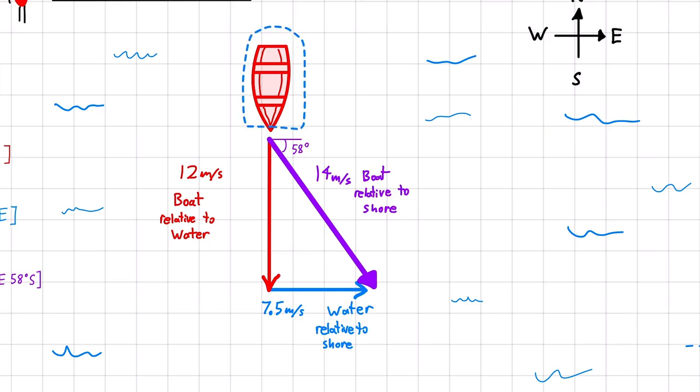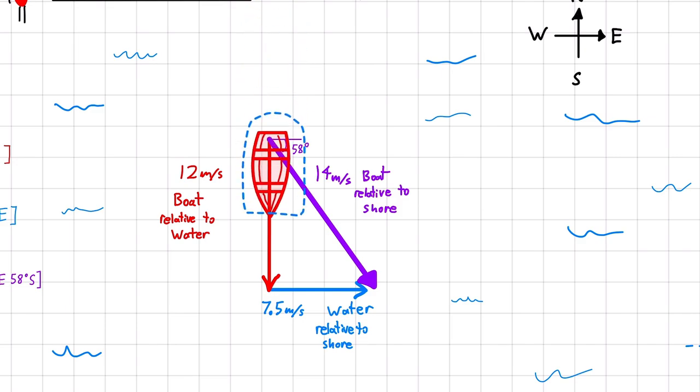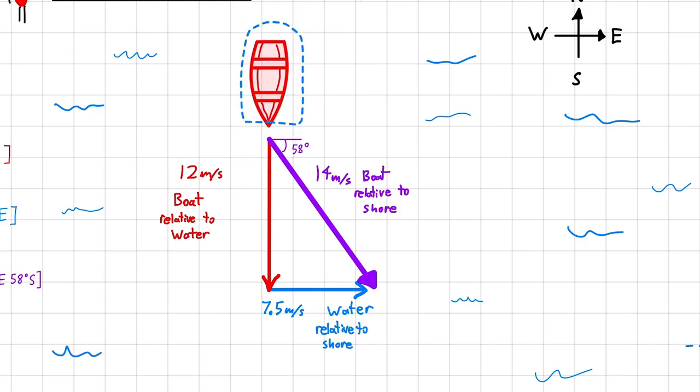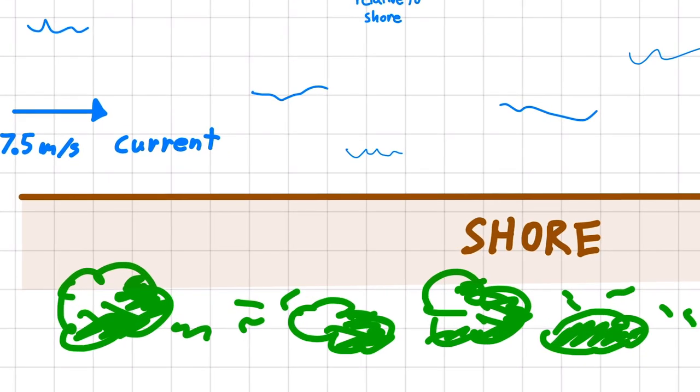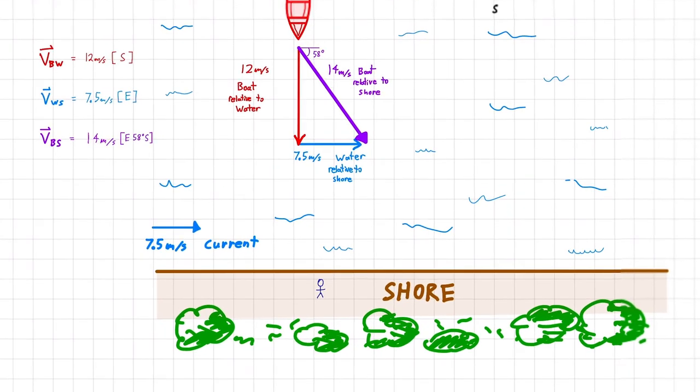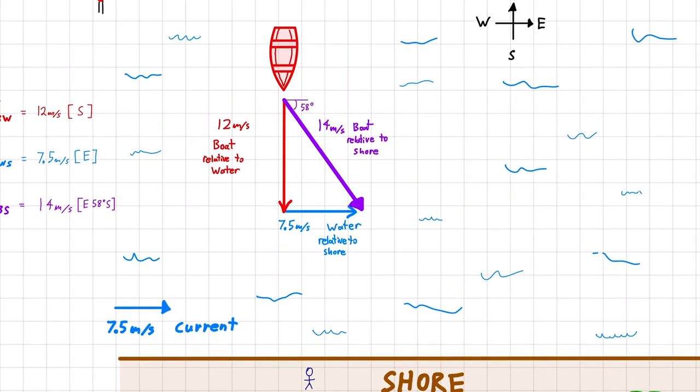The boat is pointed directly south. But when someone standing on the shore is watching this boat move, so we've got a guy standing on the shore and he's watching this boat, he's going to see this boat move on an angle like this.